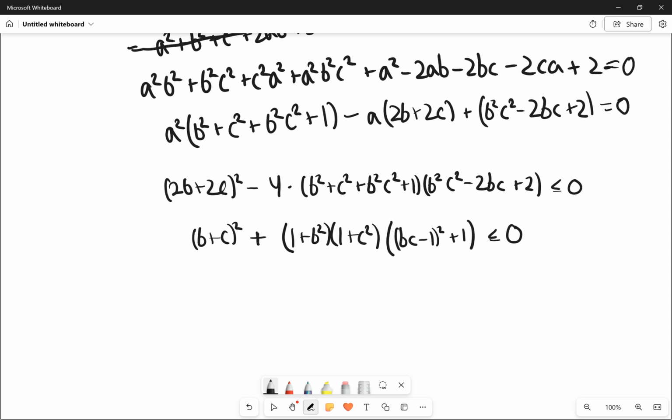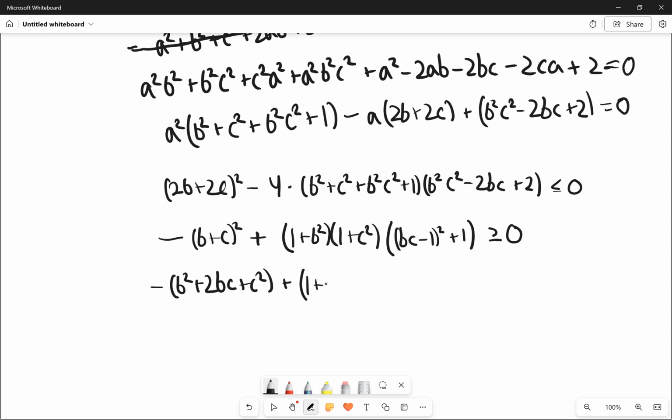So we negate this by doing this and then making this greater than or equal to 0. Then this is negative b squared plus 2bc plus c squared. And then we can now expand this because it's not too weird.